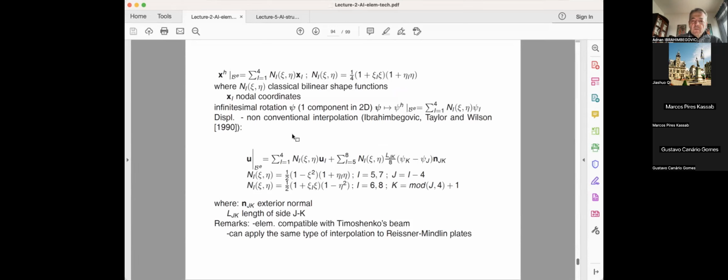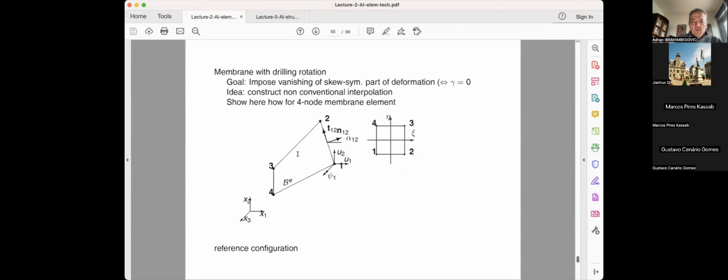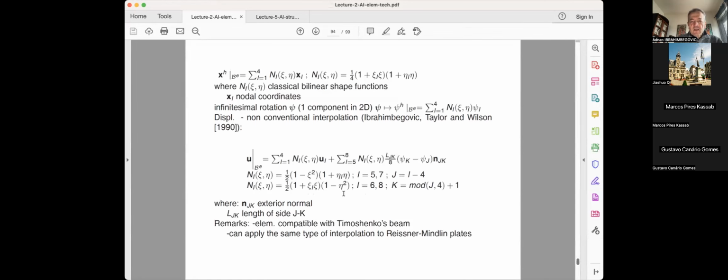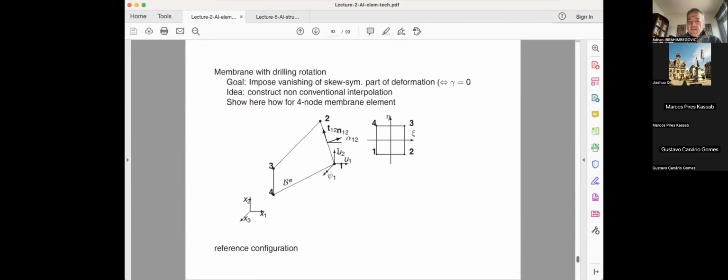And then if I want to generalize this type of behavior for the displacement, I'm taking the Timoshenko beam interpolation that we just devised, with L over 8 times theta 1 minus theta 2 times N3. So you can see the way it's built. Here I take the first standard interpolation for the isoparametric element, that is four shape functions N_i(psi, eta) times u_i, the same ones used for representing geometry. And now each and every one of these sides is treated like a Timoshenko beam, where I filter the displacement component which is in the direction perpendicular to the edge of the beam.